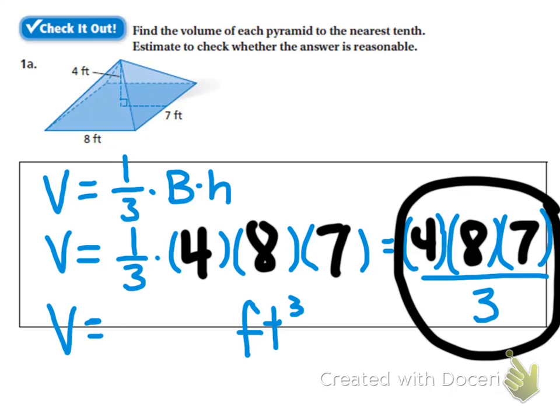So if I multiply 4 times 8 times 7 on my calculator and divide by 3 and round to the nearest tenth, Imani, what's my answer? 74.6. 74.7. That is correct. Make sure that you are rounding to the nearest tenth.